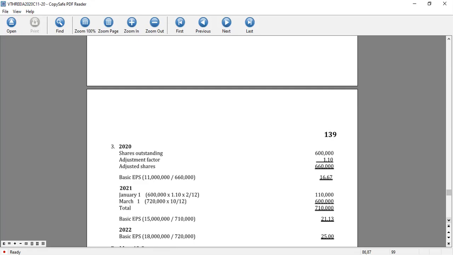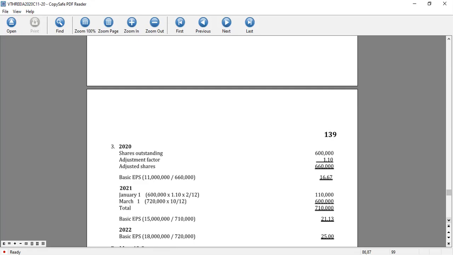So on January 1, we have 110,000. On March 1, multiplying 720,000 by 10 over 12, 600,000. By the way, in January 1, we have 2 over 12. That's counting from January 1 to March 1. And then on March 1, we have 10 over 12, counting from March 1 up to December 31.